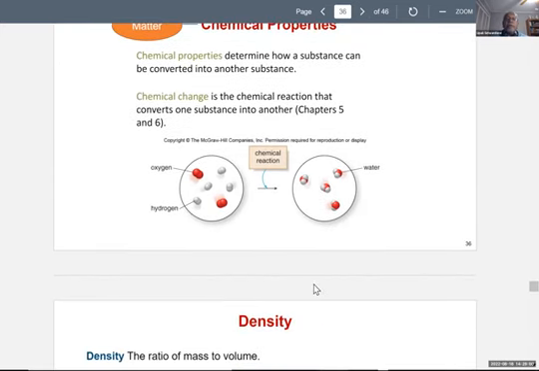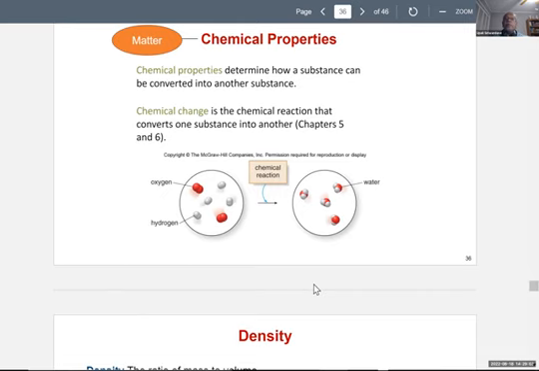A chemical property is something that shows reactivity of substances, atoms or molecules or compounds. It describes reactivity towards oxygen, combustion.